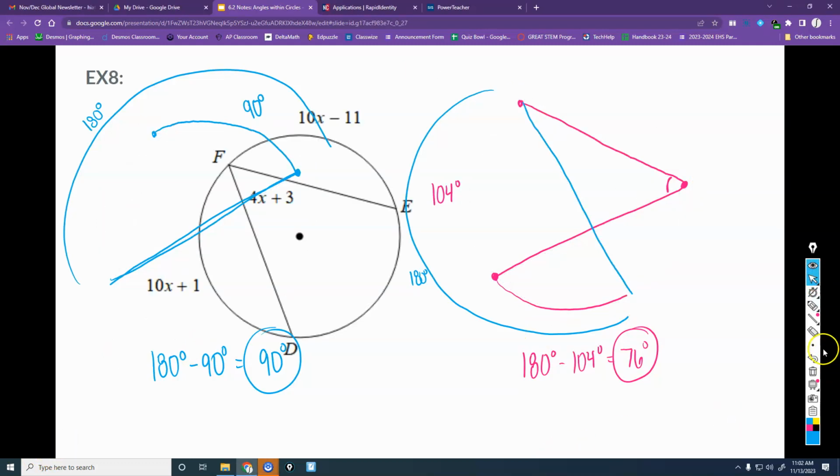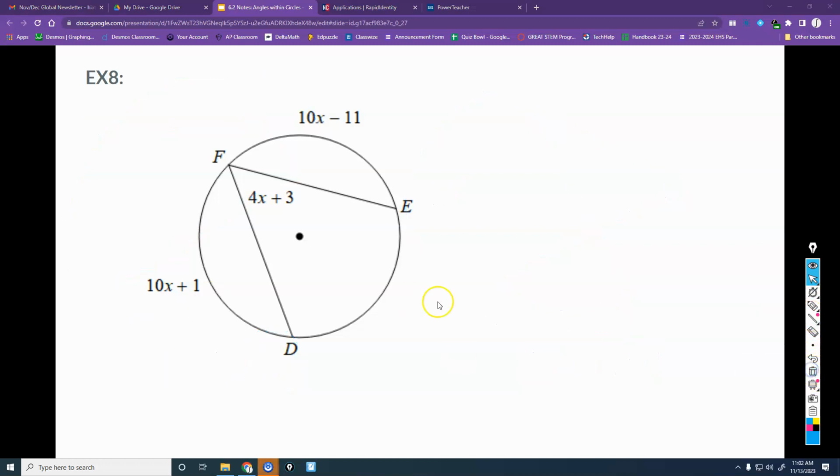All right, here is one with an X in it. All right, so I've got that this is 10x plus 1, this is 10x minus 11, and I've got 4x plus 3 here as this angle right here. And I've got to find, it doesn't say, I should find x, so that's what it's wanting.